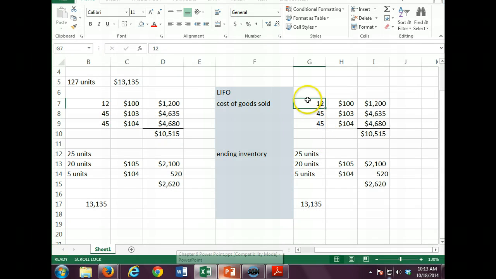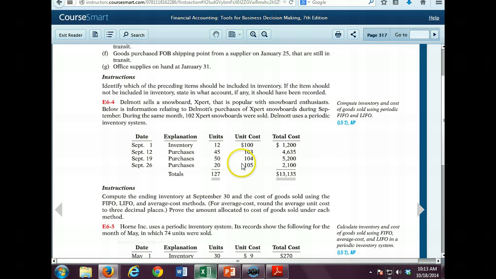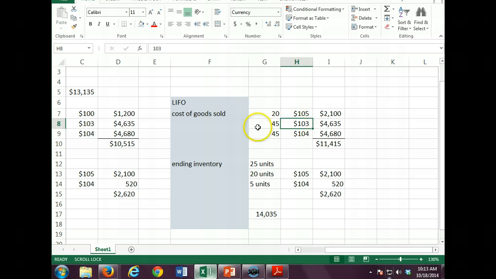Are you guys tracking me? 20 units at 105, then we've got 50 units at 104, then we have 32 units at 103, because again, the last in is the first out that we're selling. How many of you guys are following me? Is it making sense? Yeah.